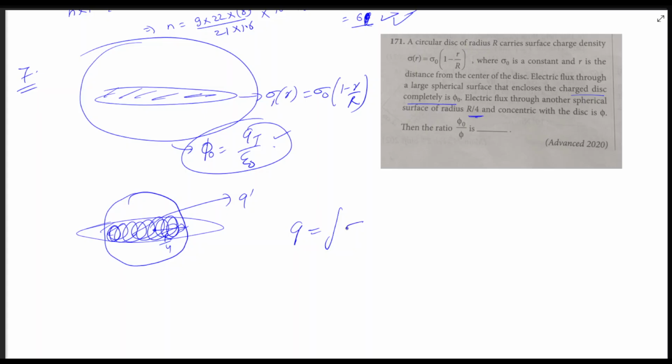If I take at distance r a ring of radius r and thickness dr, it will be simply 2 pi r dr, right? This is a simple thing, you have done it a lot. So it will be sigma into dA.